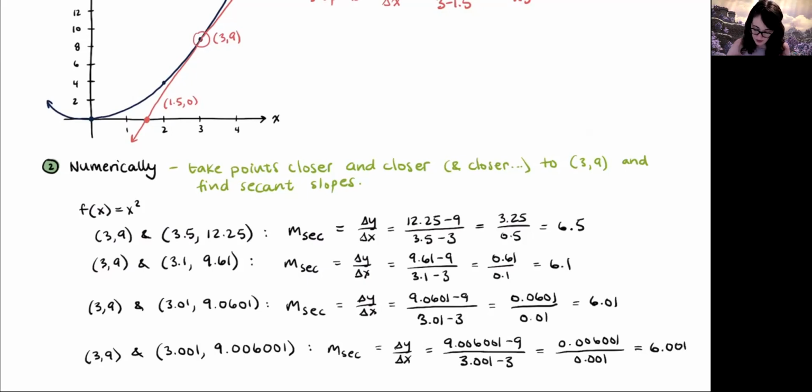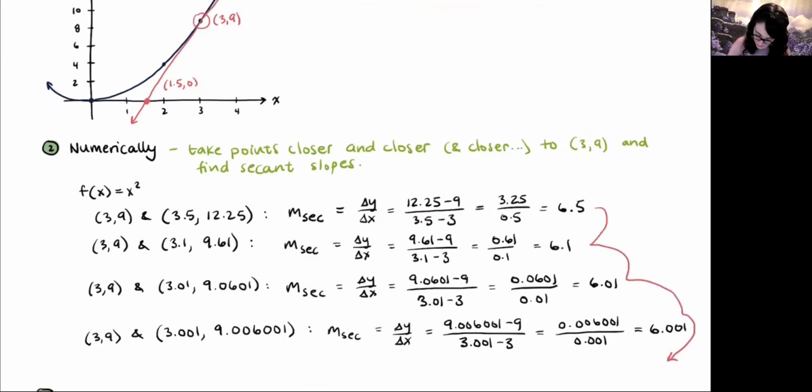Okay, so what these slopes are doing here, these are of course approaching 6. So the secant slopes approach a tangent line slope of 6 as the point gets closer to the point of interest.